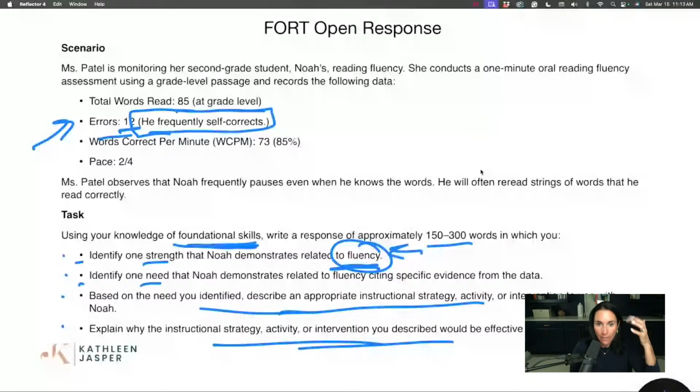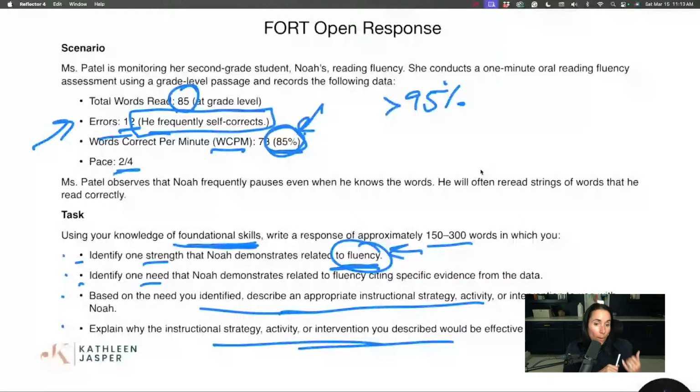Okay, so I'm getting in my mind weakness, words correct per minute, only 85%. That's not automatic. He needs to bump this up. Remember, automatic is greater than 95%. 85% is missing 15% of the words, and that's a lot. And pace is only a 2 out of 4. So he's struggling. He read 85 words, but to get there, it was a tough go.